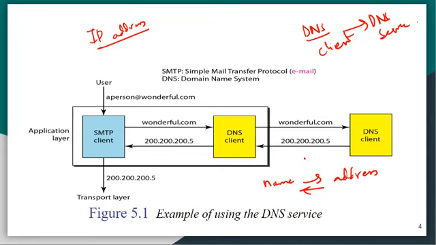When the internet was small, mapping was done by a host file. Earlier, when we did not have a large number of computers on the network, we used to have a host file. This host file had only two columns: the first was a name, the other was an address.